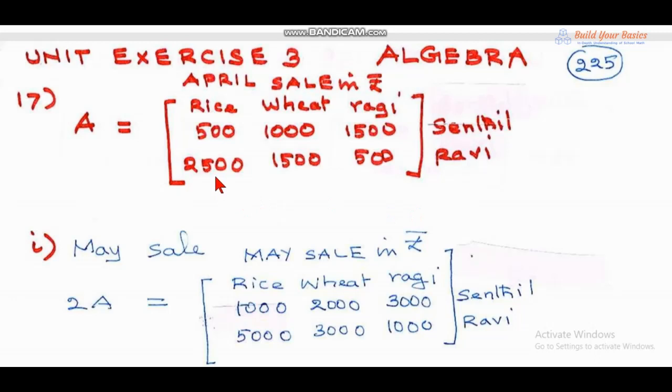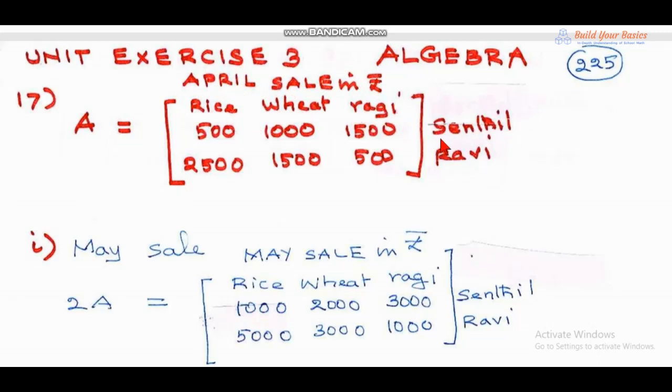We have to find 2 subdivisions. What is the average sale of months April and May, and then if the sales continue to increase in the same way in successive months, what will be the sales in the month of August? So we are given the matrix capital A, which represents sale in April in rupees: rice, wheat, ragi.